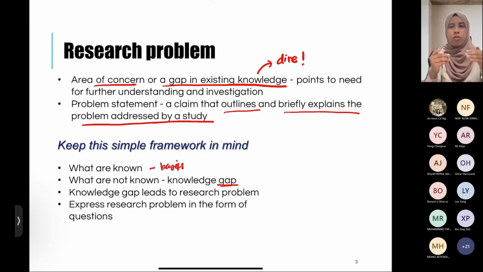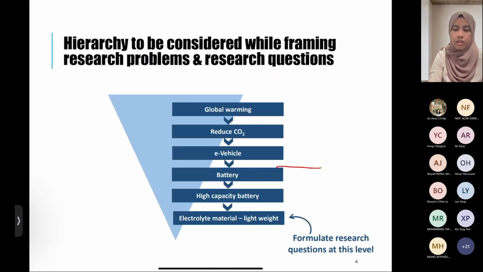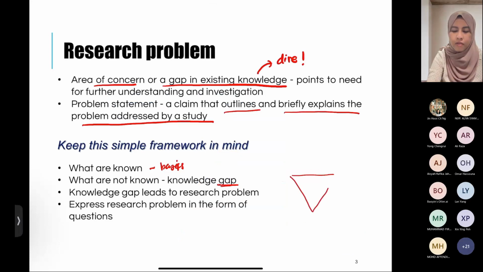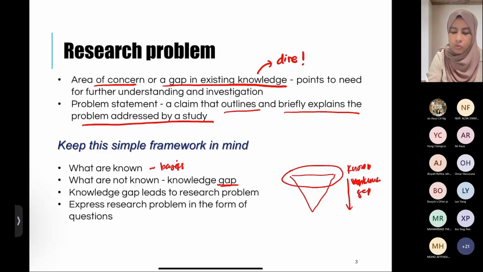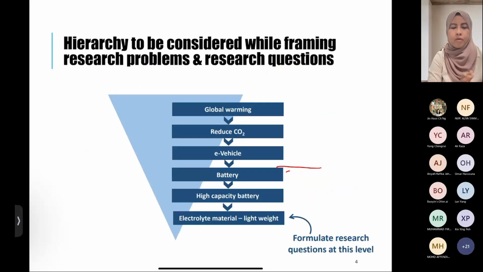All right. So the chronological order is actually in this inverted triangle. The one that is not, this is the known part. You go down, this is the unknown part, and you highlight the gap even further to the one that you want to achieve. At the end of the day, this is what you want to achieve. Okay. All right.